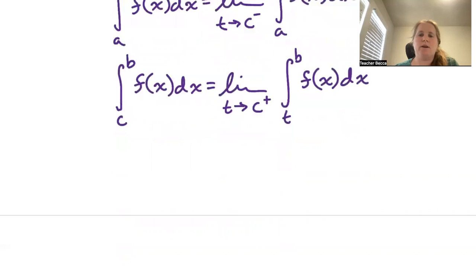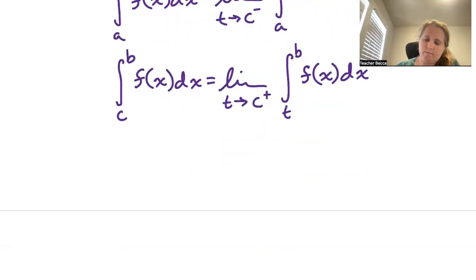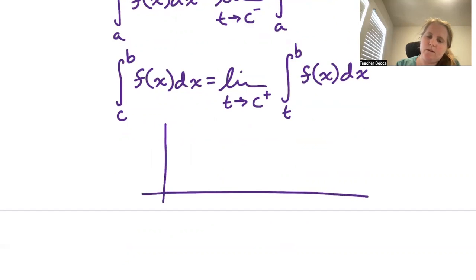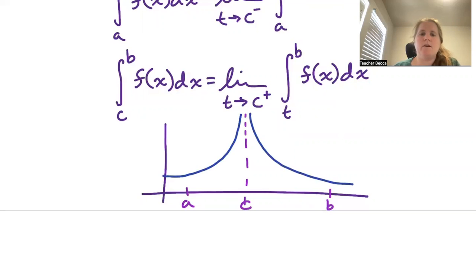So again, drawing this picture, we have our vertical asymptote at c. We have our a and b off to the sides. Whatever our graph looks like in between, we do have our vertical asymptote at x equals c.